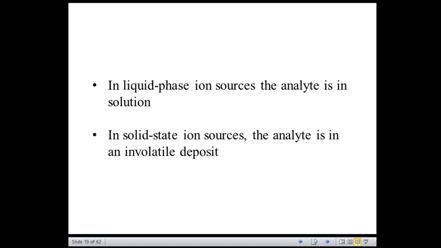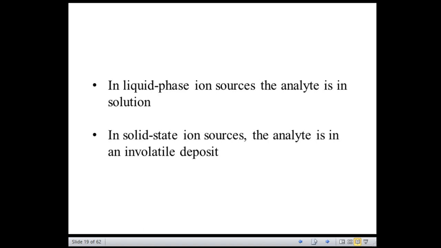And for thermally labile compounds which do not have sufficient vapor pressure, we have two methods to extract the ions: liquid phase ion source and solid state ion source. In the liquid phase ion source, the analyte is in solution, so we use nebulization, where the droplets are introduced into the source and then the ions are produced.